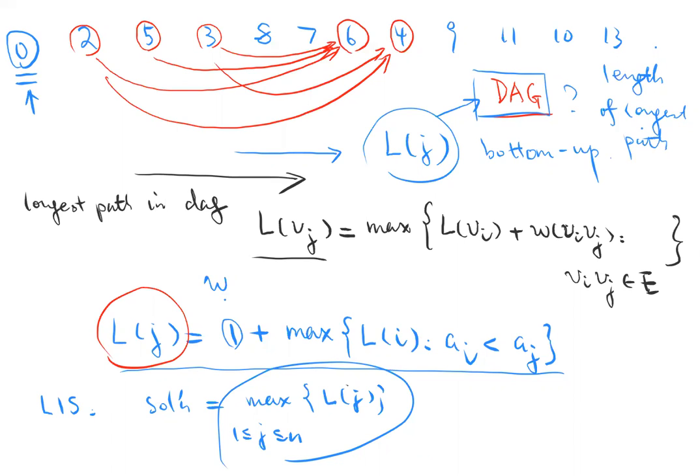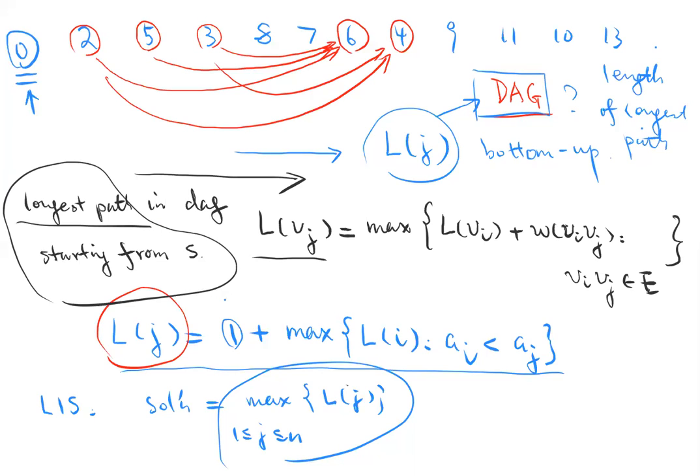So in terms of longest path, it becomes the longest path starting from a given vertex S. Okay, then we don't need to have this relation.